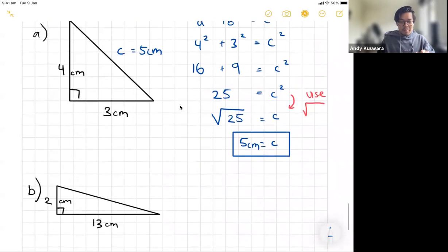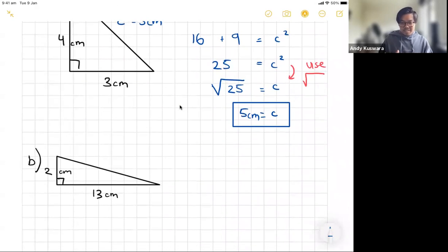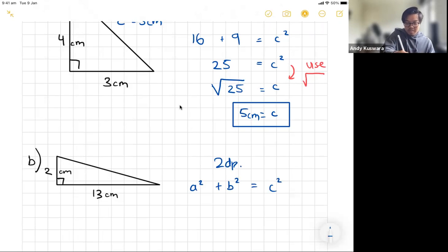All right, we're going to find the hypotenuse of this one here, slightly different. I think this one may have some decimal places, so we'll say again to 2 decimal places. We start with our Pythagoras formula: a squared plus b squared equals c squared. c is going to be this side, that's our hypotenuse. So we've got 2 squared plus 13 squared equals c squared.